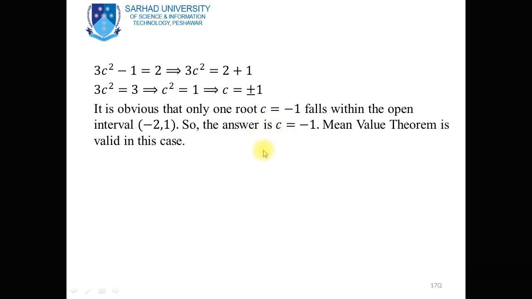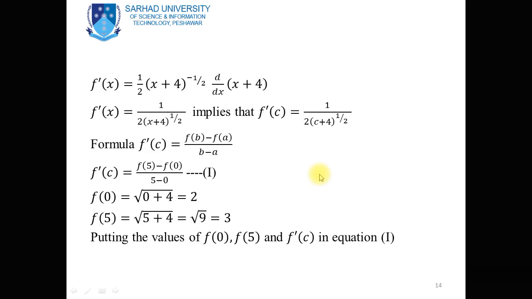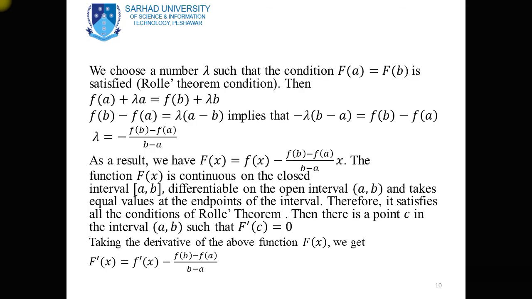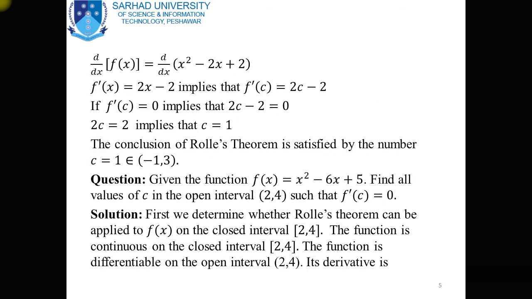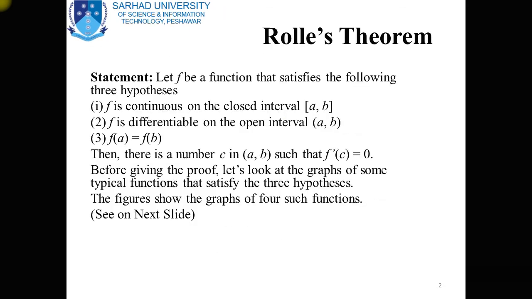So in this video lecture, the conclusion is that there are two theorems: one is the Rolle theorem and the other is the mean value theorem. In the Rolle theorem, there are three hypotheses: the function will be continuous on the closed interval ab, the function will be differentiable on the open interval ab, and the function values at the endpoints of the given interval will be equal.